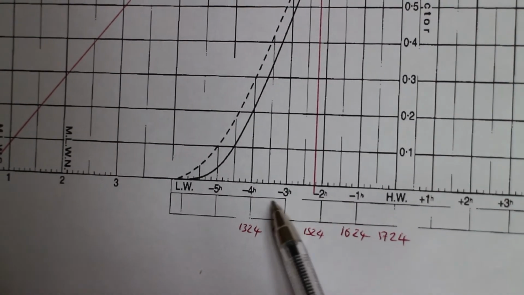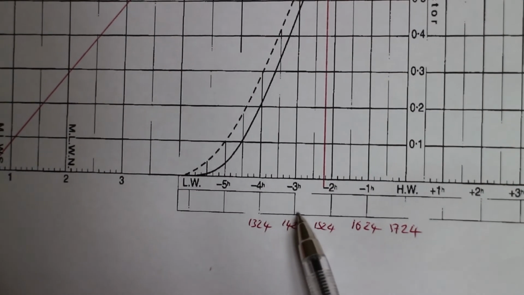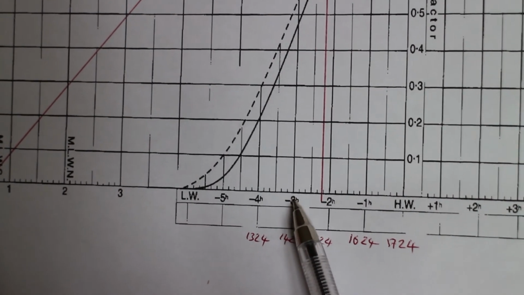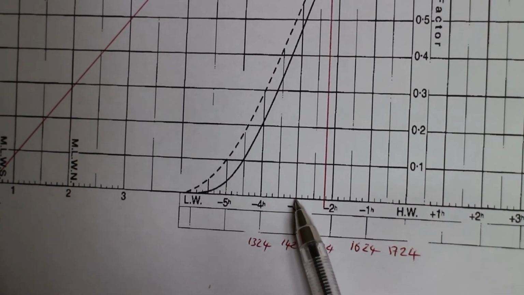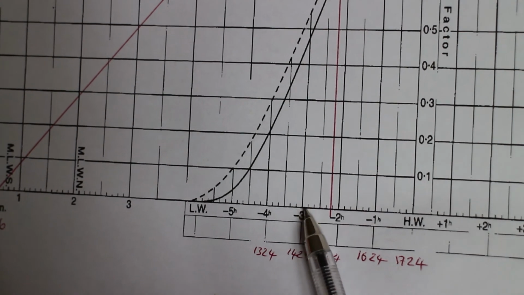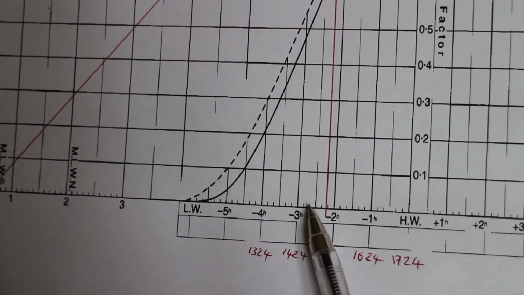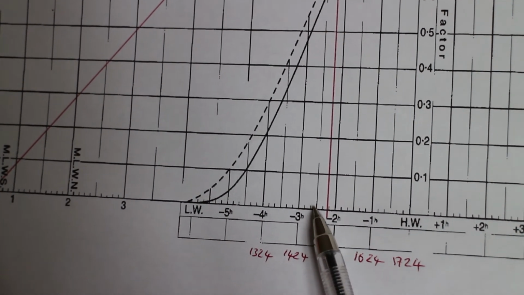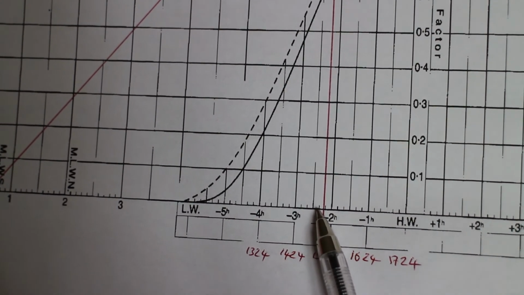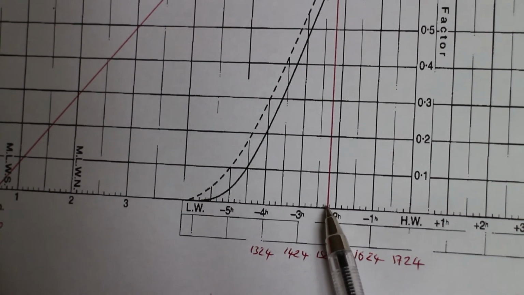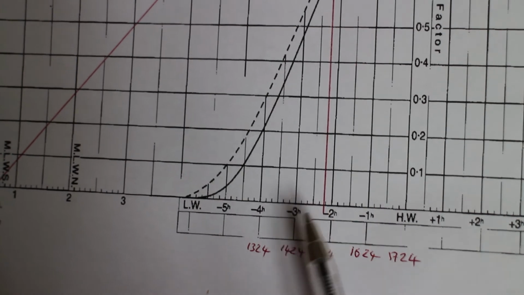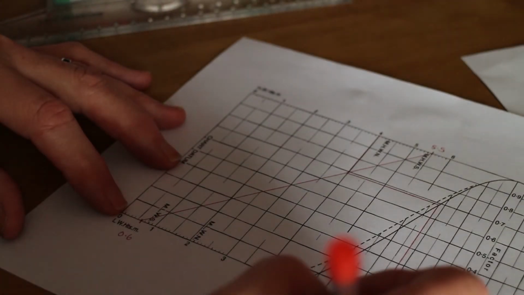So we can either work backwards or ahead. That's 14:24, 3 hours before high water. So that'd be 24, 34, 44, 54, 15:04, 15:14. So just before that is about 15:12, approximately 15:12.